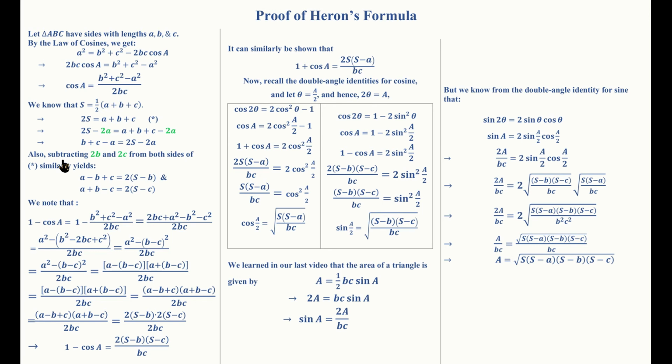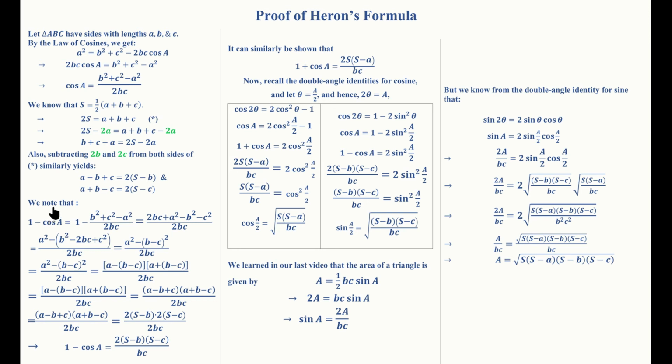Now, if we repeat the process and subtract 2b one time and also subtract 2c another time, we'll also end up with these two expressions: a minus b plus c equals 2 times s minus b, and a plus b minus c equals 2 times s minus c. You can see some of these elements of Heron's formula starting to pop in, correct?